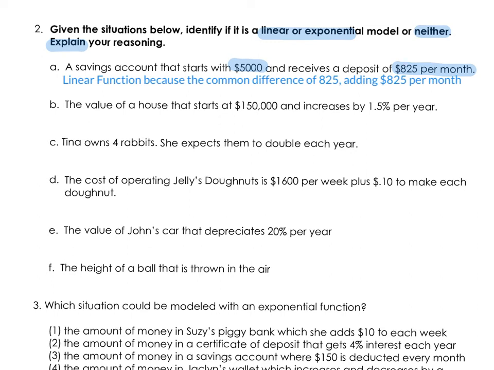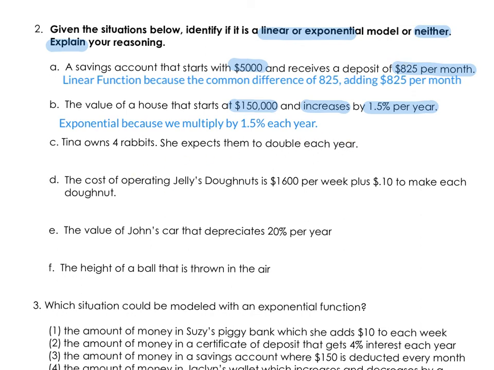The next one says the value of a house that starts at $150,000 and increases by 1.5% per year. Well, this is a rate. It's increasing times 1.5% every year. That percent makes it an exponential because it has a rate that is multiplied by the 1.5% every year. So I just wrote exponential because we multiply the 1.5% each year.